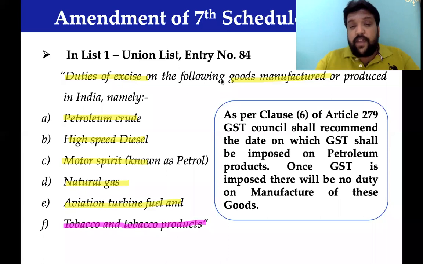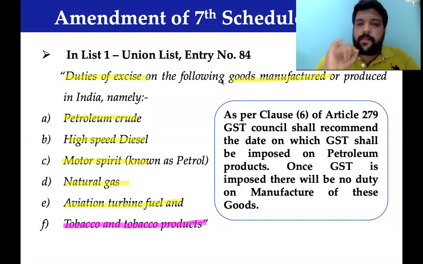If you manufacture a petroleum product, let's say from the crude oil you extract diesel, petrol, or aviation turbine fuel, then you are liable to pay excise duty, GST, both excise duty and GST, or none of the above.